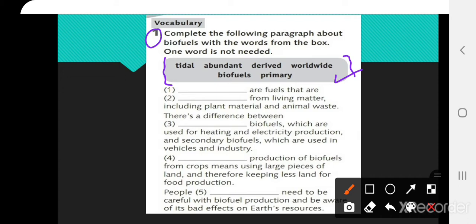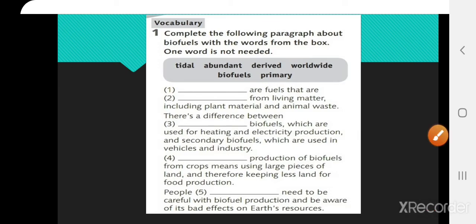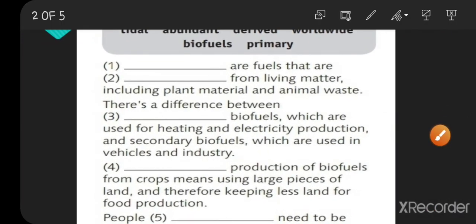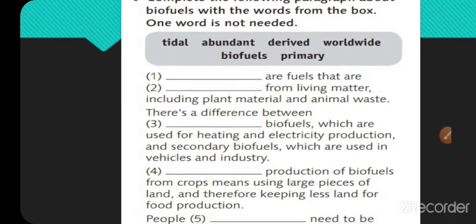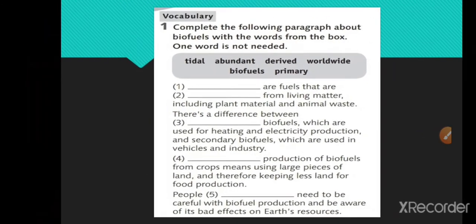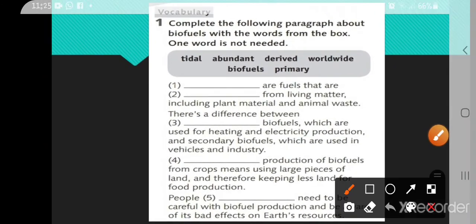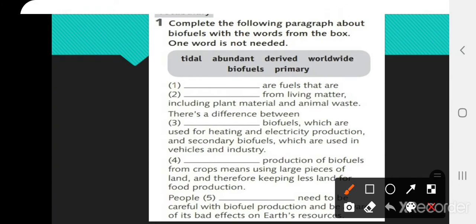So now let's start with the first word, which is tidal. Tidal means, if you remember, المد والجزر. Okay? Abundant, which means to have or with large amounts, right? بكميات كبيرة.